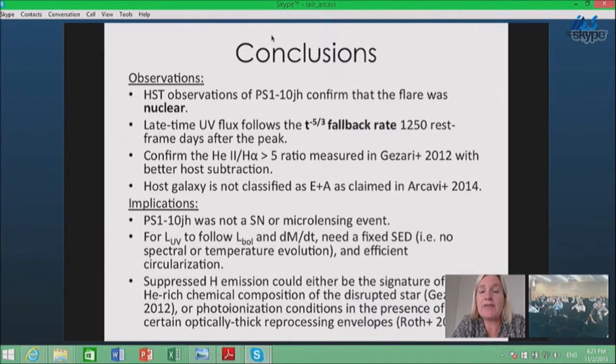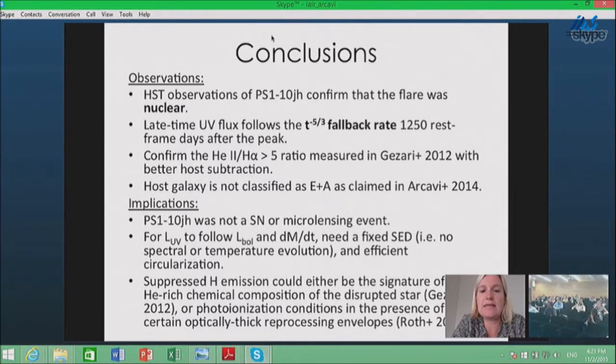Well, we never saw X-rays. When we looked with Chandra close to the peak, we did not detect any X-ray radiation, but that was consistent with a soft temperature, basically a temperature a little bit less than 10 to the 5th Kelvin.